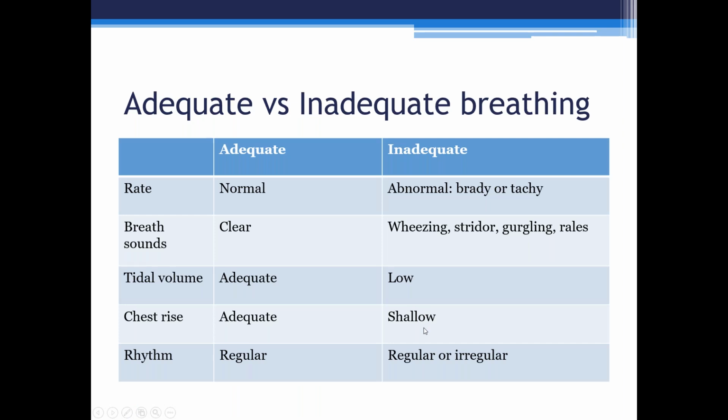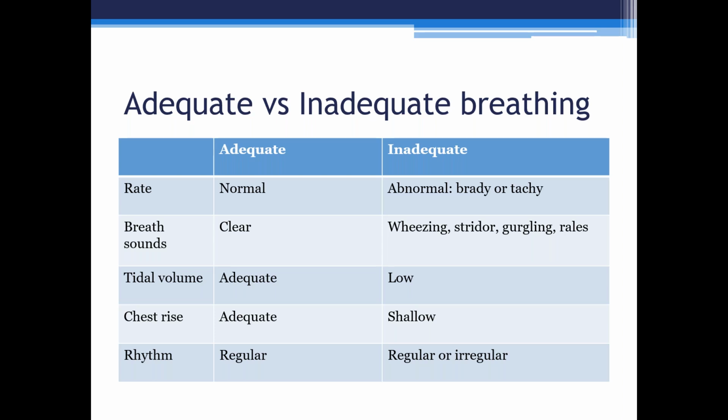So when I walk up to my patient, again, one of the first things that I'm going to assess is their airway and their breathing. All of these things can kind of be done simultaneously or within about 30 seconds to a minute. And then based on your findings, you're going to go ahead and select what type of airway intervention that you're going to utilize for that patient.